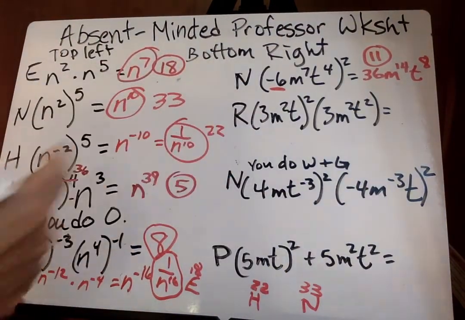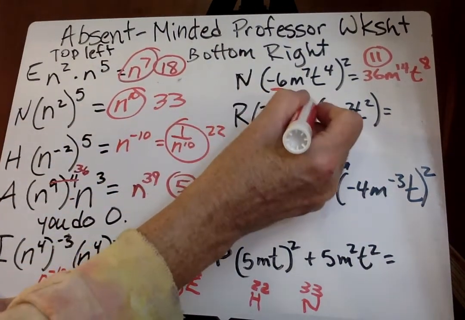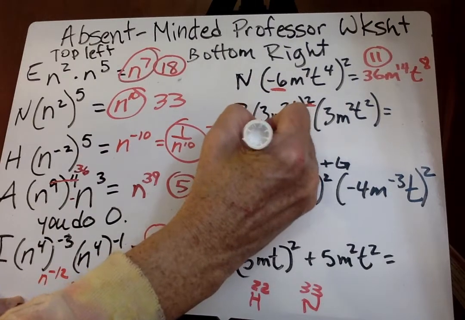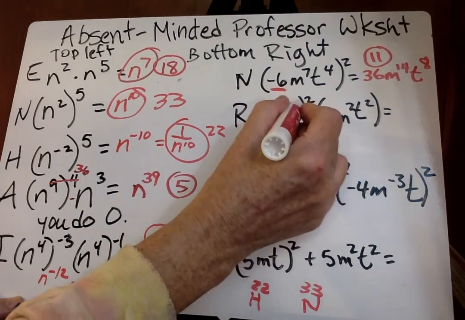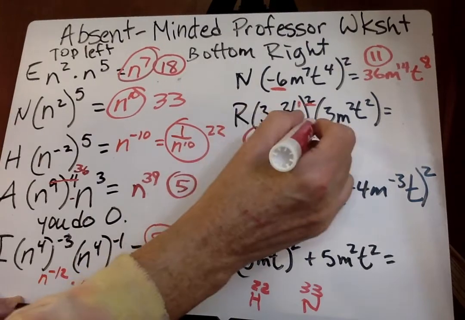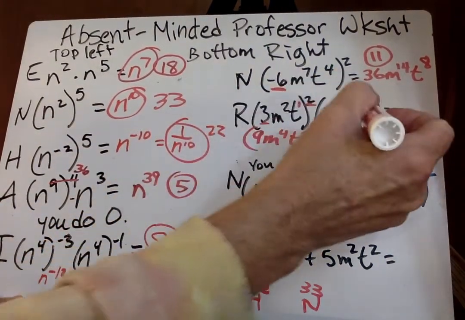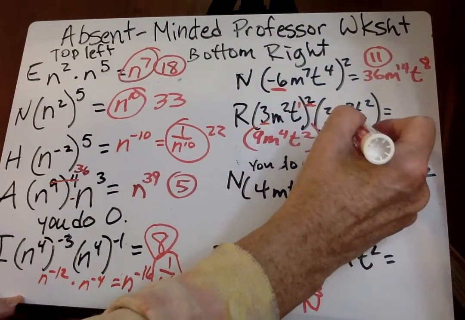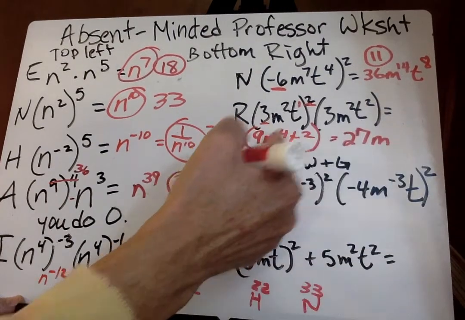Okay, next is the R. We have to make sure we also square the 3. So 3 squared is 9. Then 2 times 2 is 4. And when nothing is there, it's a 1. 1 times 2 is 2. Okay, so I'm going to take that and multiply it by 3m squared t squared. So I say 9 times 3, 27. M to the 4th times m squared. Now I'm going to be adding them because I have an m on both of these.